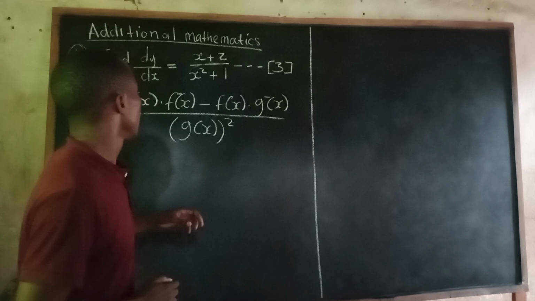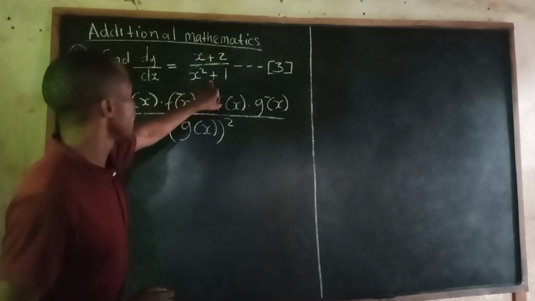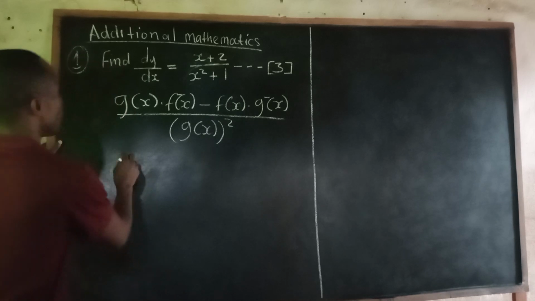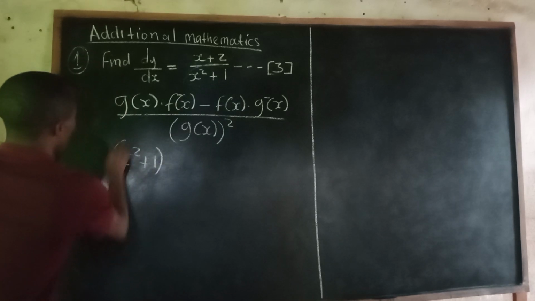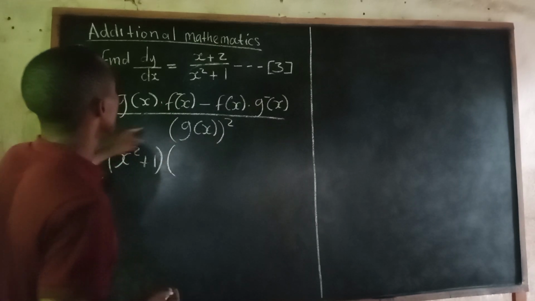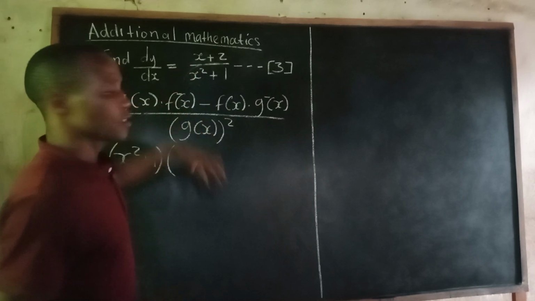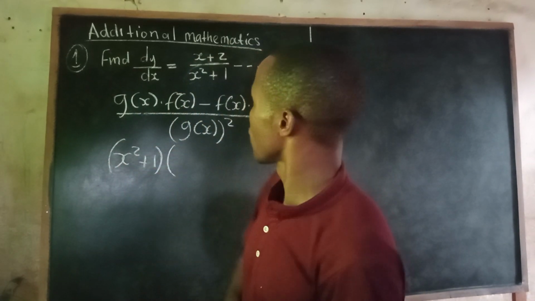Now we substitute. g(x) is x² + 1, so we write x² + 1 in brackets, then times, we open another bracket, then f'(x). Prime means you have to differentiate that particular term.